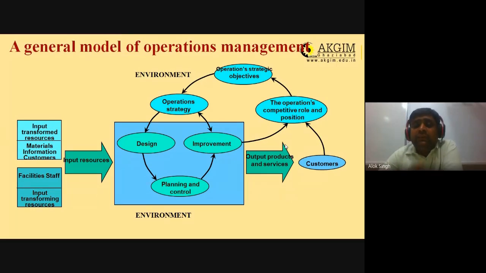Now they are focusing on safety, providing India's safest car, because customers are ready to buy a safe car in comparison to a cheap car. So they have shifted their operations competitive role and position. They drafted their strategic objectives and operations strategy, prepared the design and planning, and are continuously improving their design across their product line. That is improvement in operations competitive role and position.